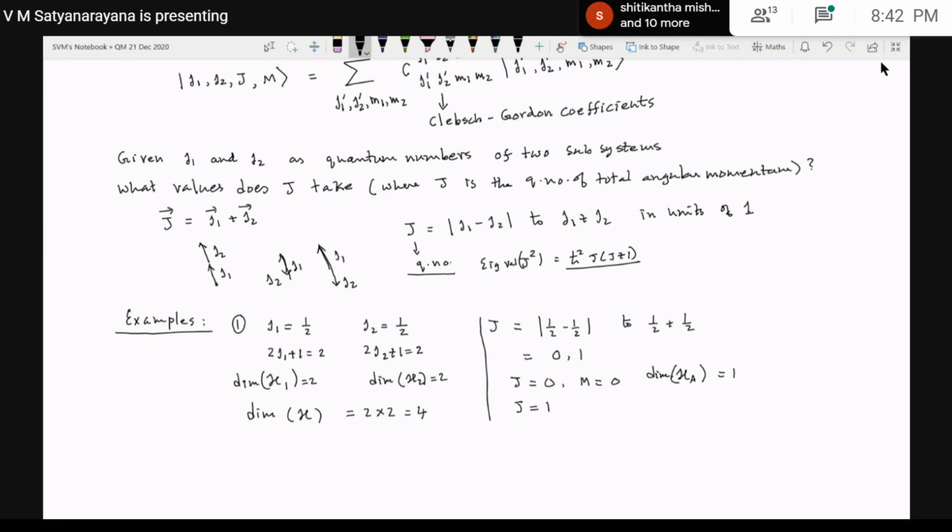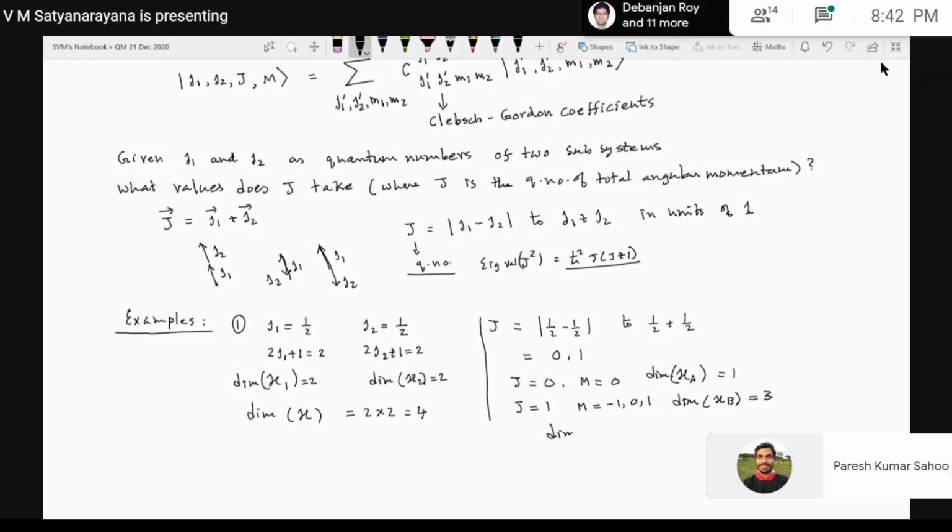Now if j is equal to 1, then m can take -1, 0 and +1. So if you want to call that Hilbert space HB, that has a 3-dimensional space. So the dimension of this composite Hilbert space can now be written as 1 plus 3.